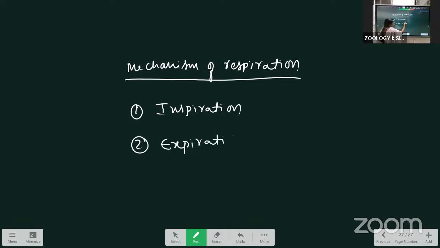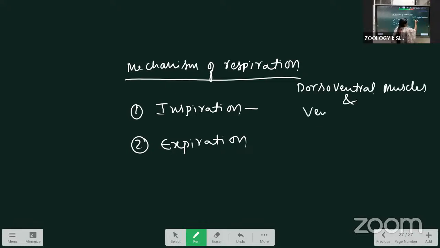Taking air in is called inspiration. Expelling it out is called expiration. Both mechanisms occur by two types of muscles, called the dorsoventral muscles and the ventrolateral muscles. These two types of muscles undergo relaxation.